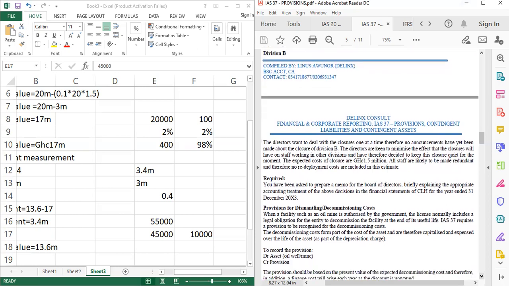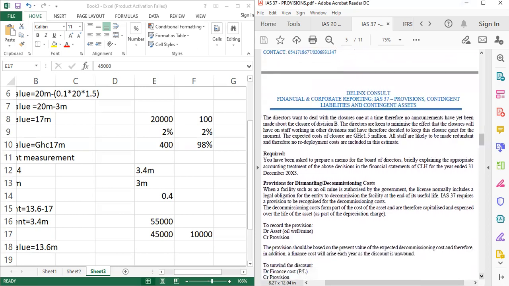To record the provision, we can't make an estimate of the amount that we are going to spend today. So we only make estimates for the future. At the end of the 40 years, we are going to spend this. So what should have been the value of that amount today? We normally present value it.